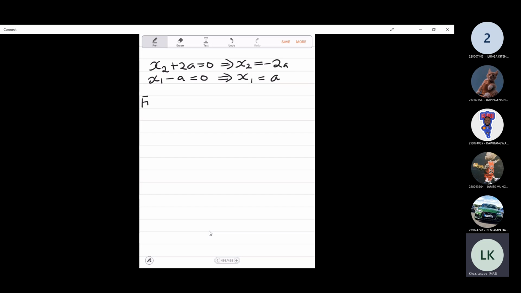So the family, we have a, minus 2a and then a. Then the usual, we have 1, minus 2, 1.